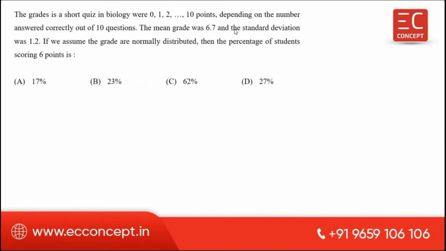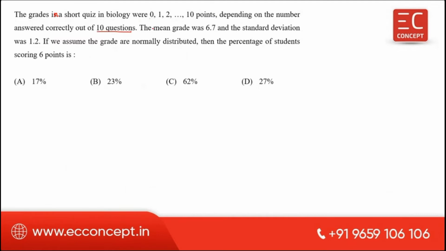Now this is a very interesting question. The grade in a short quiz in biology is 0 to 10 points, depending on the number answered correctly out of 10 questions.